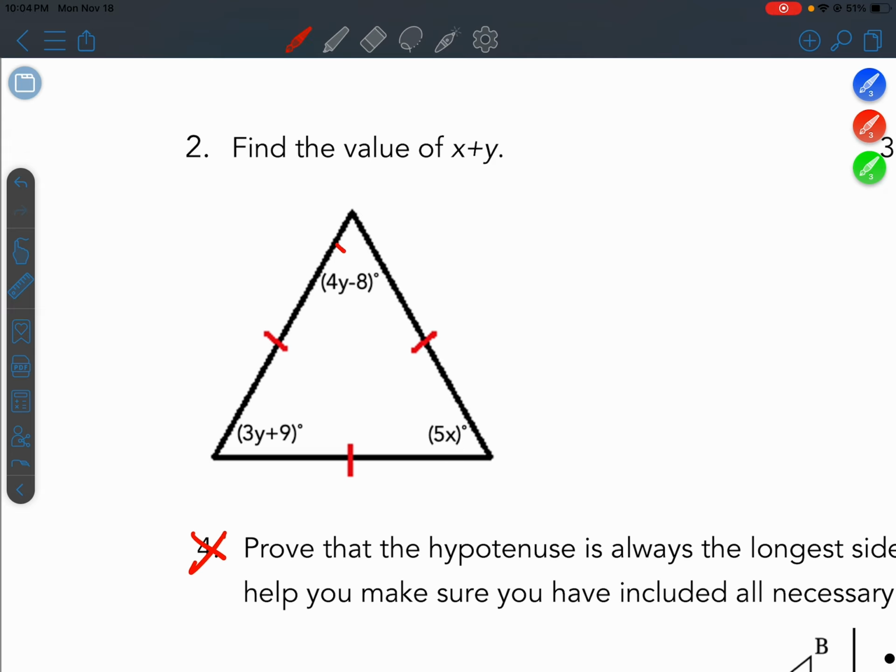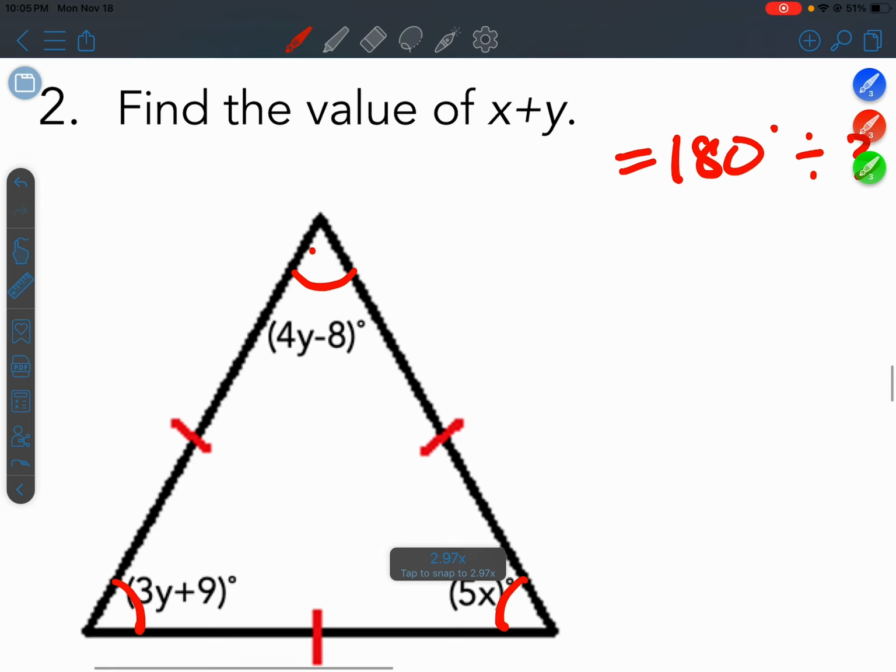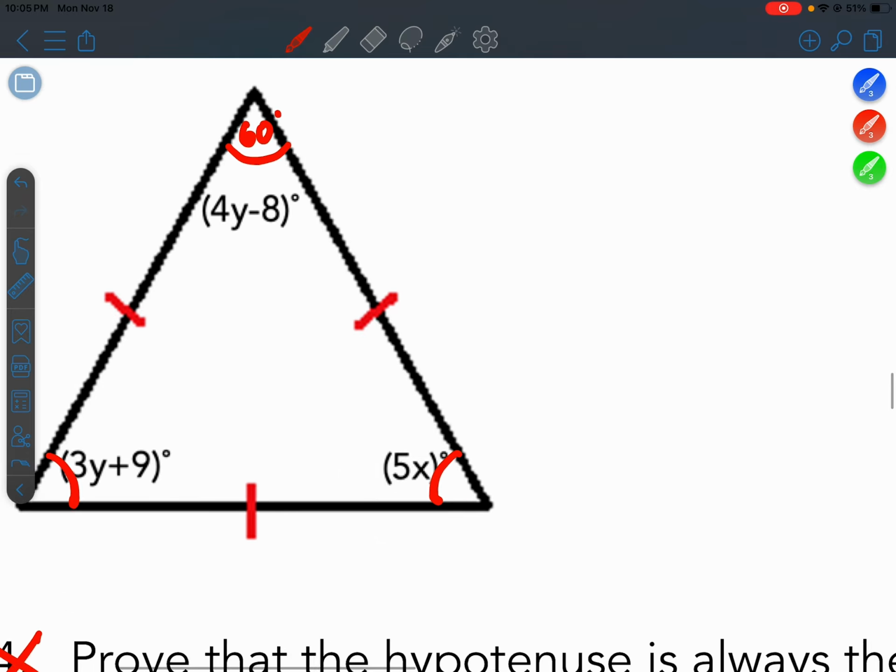So the measure of that angle is going to equal the measure of that angle. That's going to equal the measure of that angle, okay? So remember that for any triangle, the sum is 180. So if I take that and divide by 3, I get 60 degrees. So I can say that's a 60-degree angle.